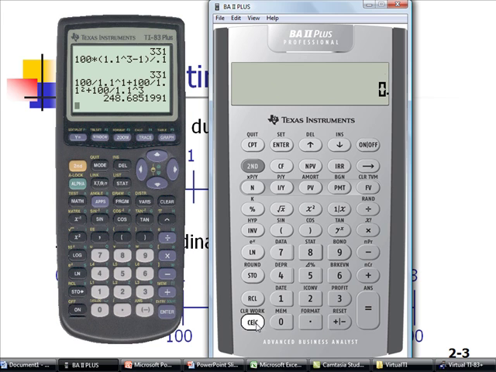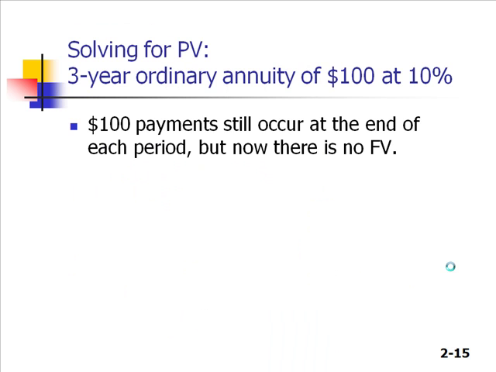Let's say that I clear all this out and I go through the same exact process. 100 divided by 1.1, and then I add 100 divided by 1.1 squared, and then I finally add 100 divided by 1.1 to the power of 3, and of course I get the answer that I'm supposed to, which is the same 248.69. So looks like we're on track as far as that goes.